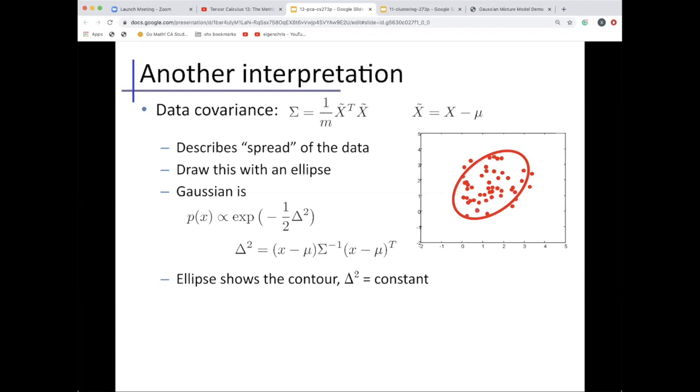If I want to do principal component analysis, it would be equivalent to identifying the major principal semi-axis of this ellipsoid. That will be along this direction. And next will be the minor semi-axis, along the direction that is orthogonal to that.